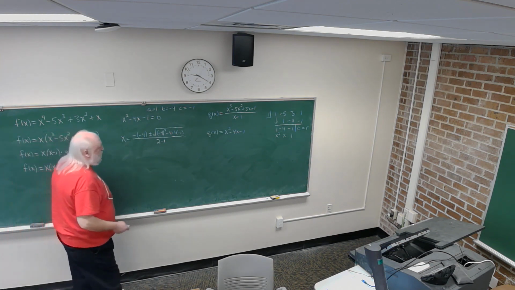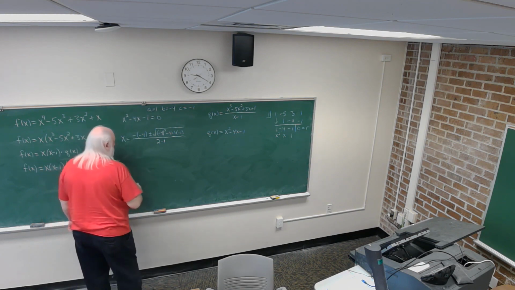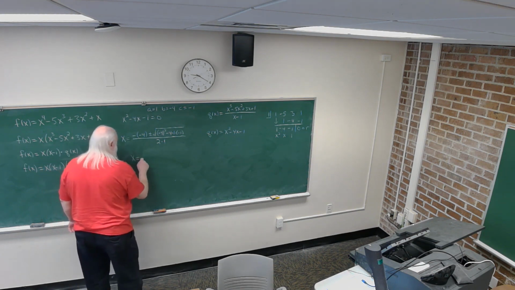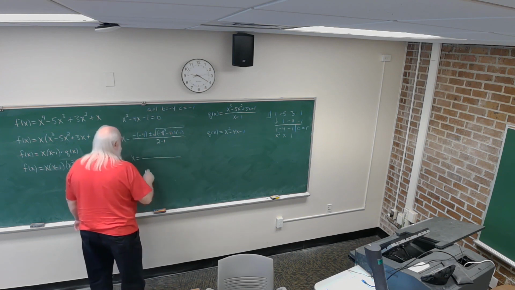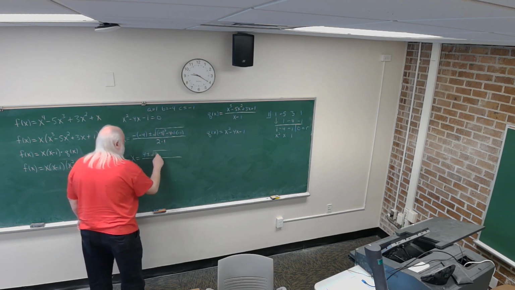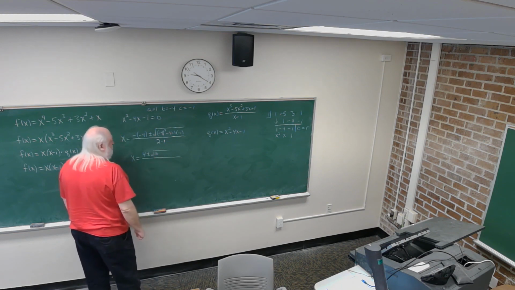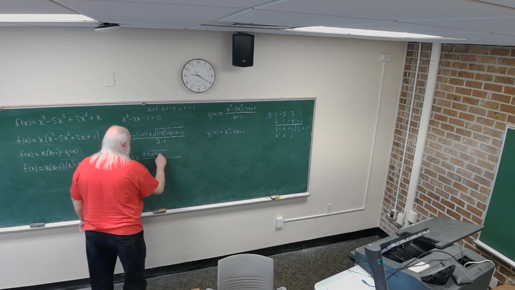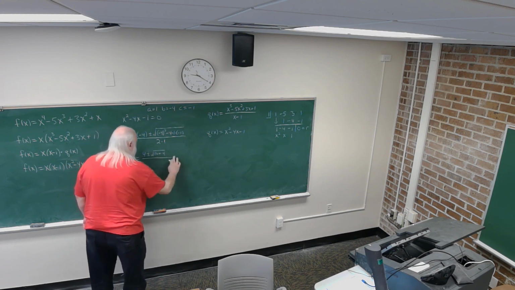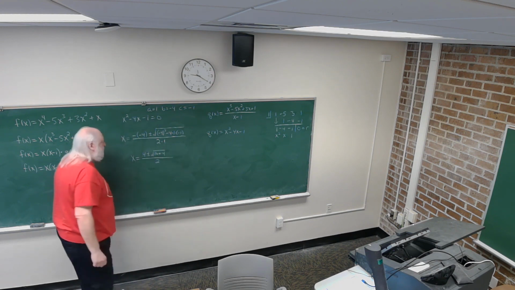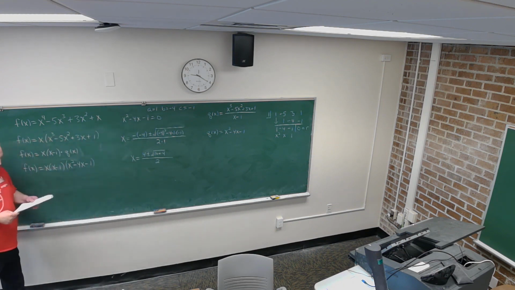And now you got to simplify. Negative negative 4 is plus 4. Minus 4 squared is 16. And minus 4 times 1 times minus 1 is plus 4. All divided by 2.